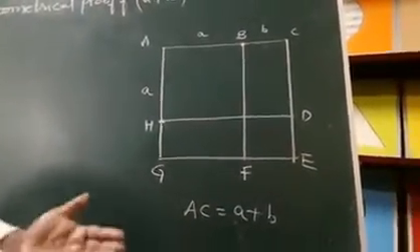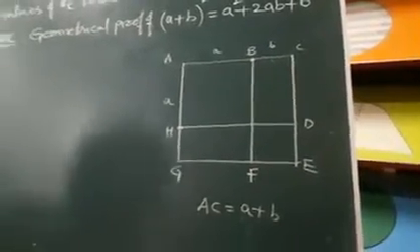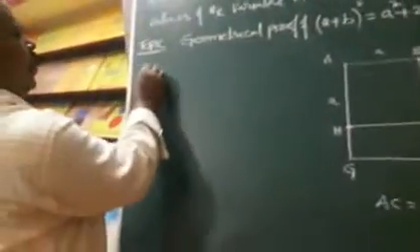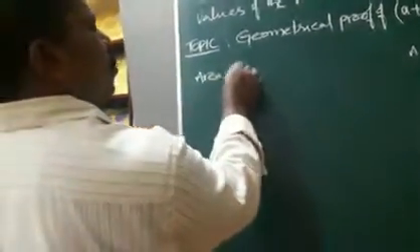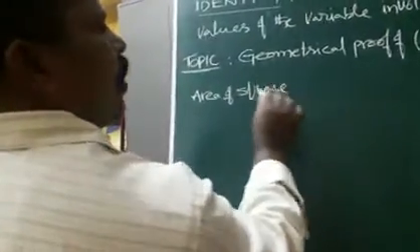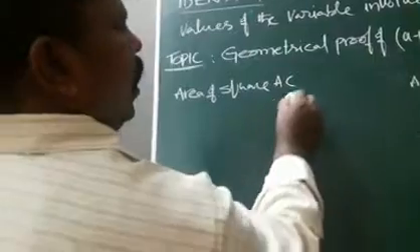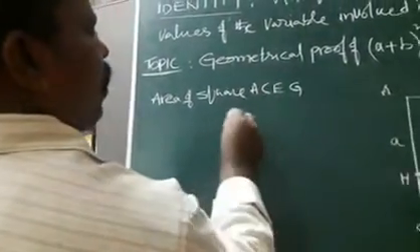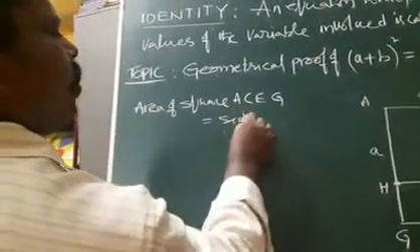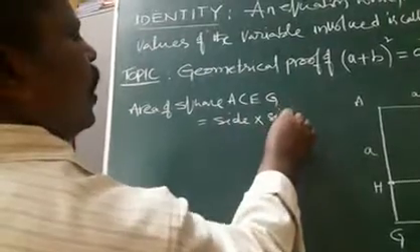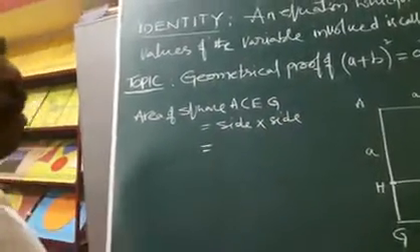What is the area of the square? Side into side. Area of square ACEG is equal to side into side. What is its side?